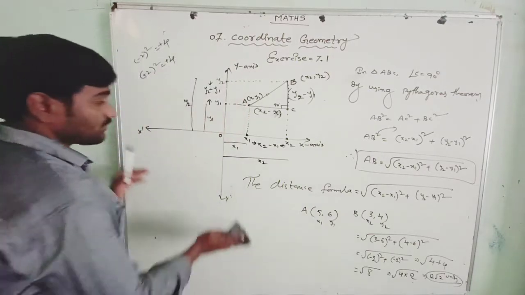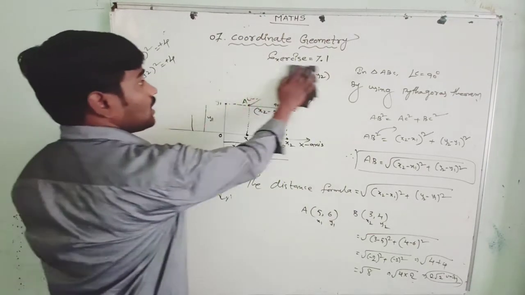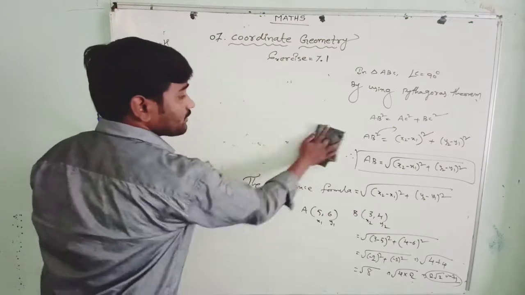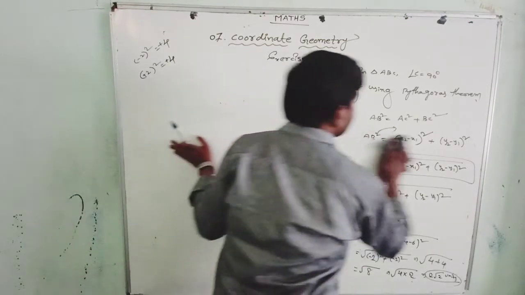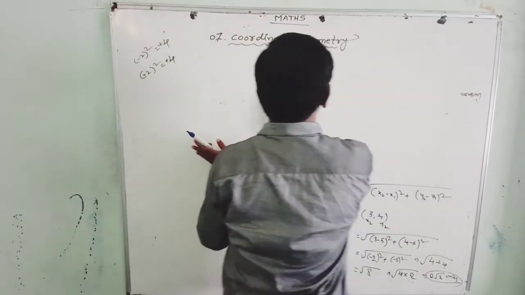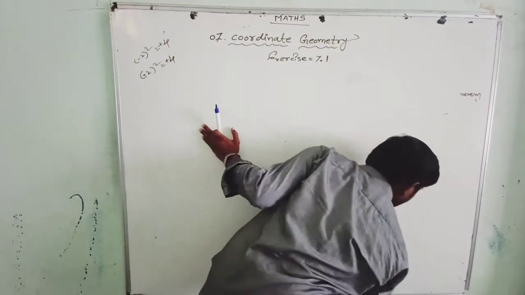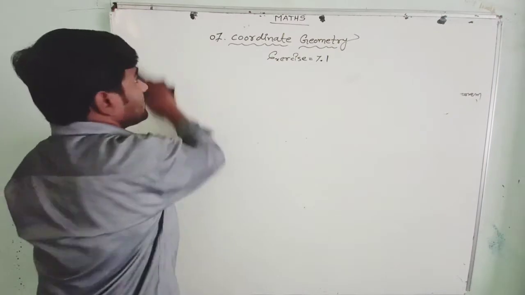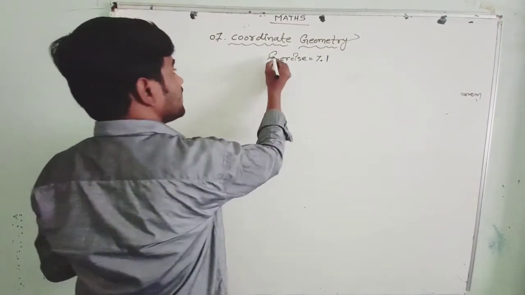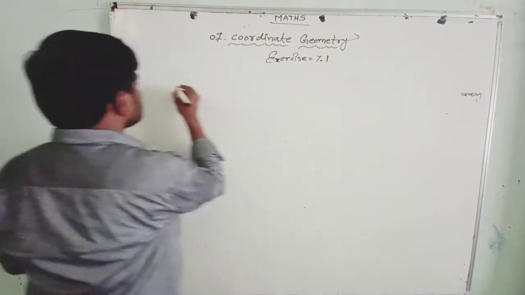Remember this, how to find the distance formula. Very simple. By using this distance formula, we can find the distance between any two given points. So what is the distance formula?